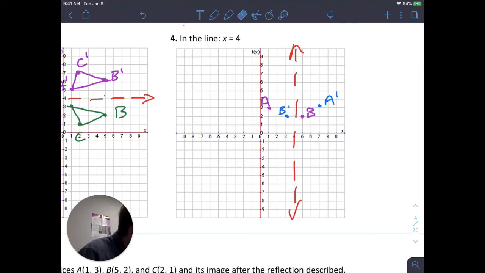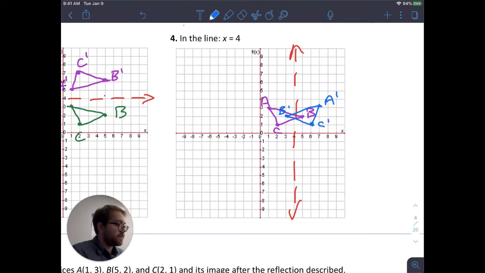I'm going to clean this up. It might be easier to see. Except I don't want to lose C. I just thought about that. So I'll clean it up in a second. So C is 1, 2 from the line of reflection. So we'll do 1, 2 over there. And that's C prime. Now, make that a little neater.